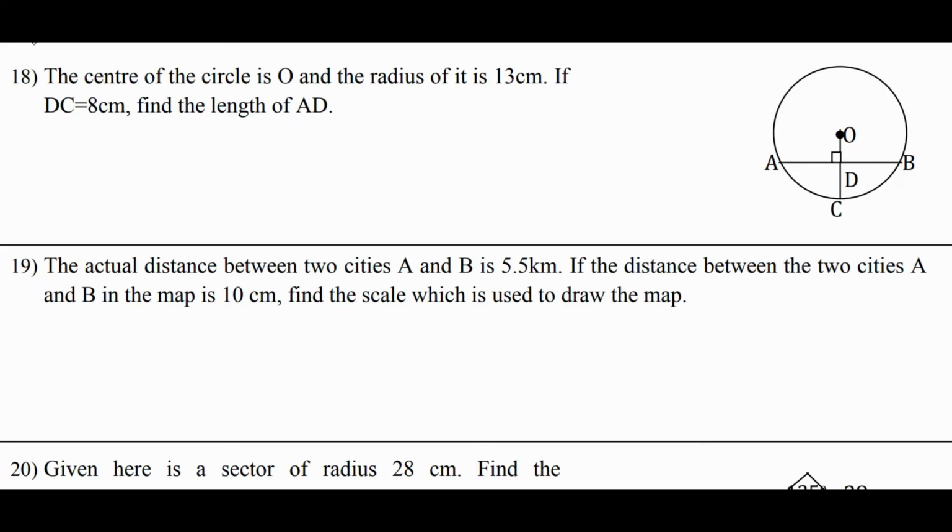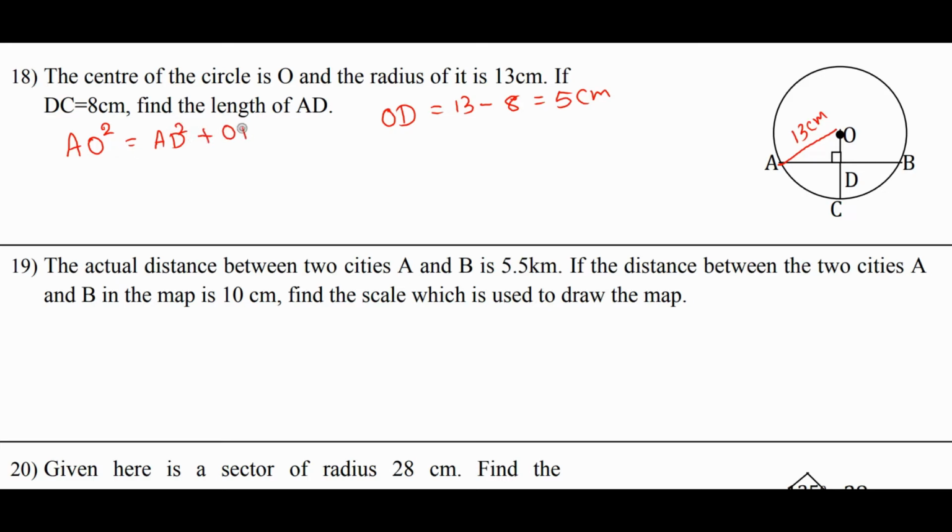I can write the radius as 13 centimeters and OC is again a radius. Then OD value should be 13 minus 8, that should be 5 centimeters. Then I can apply the Pythagorean relation to triangle AOD and write down AO squared is equal to AD squared plus OD squared.